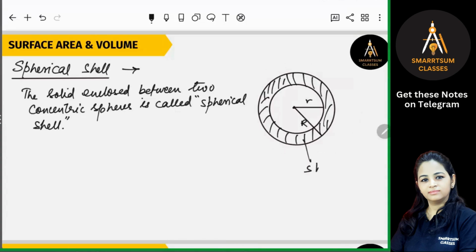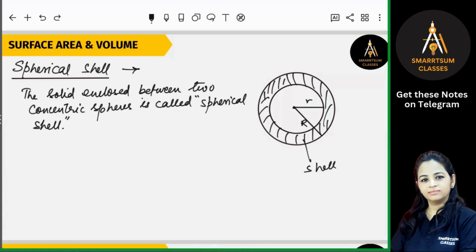This one is a shell which is formed when two spheres are concentric. These spheres have different radii, as you can see in this diagram, small r and capital R. These are the two radii of the spherical shell, or you can say the external radius and the internal radius of the spherical shell.